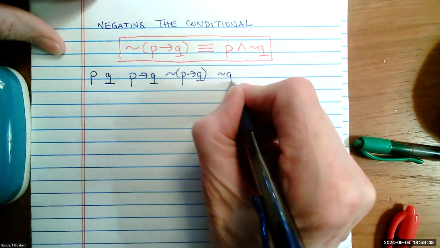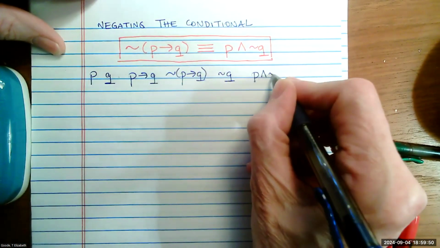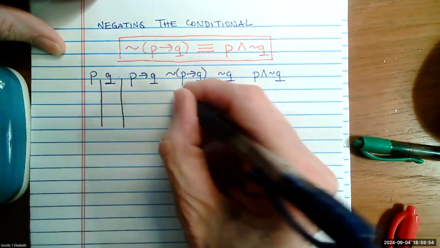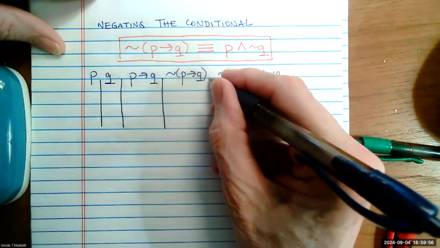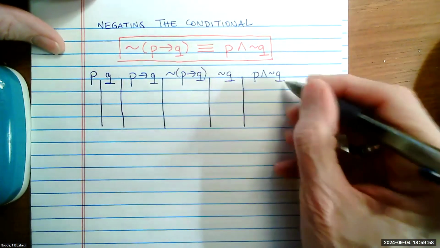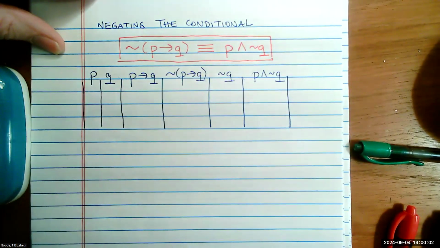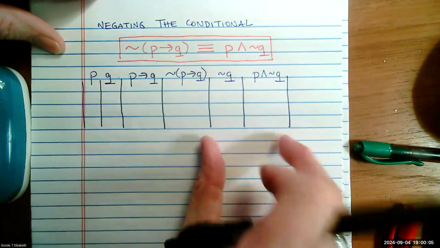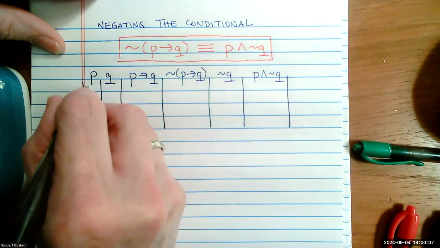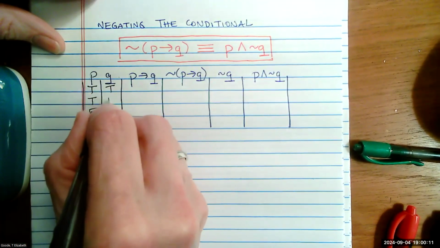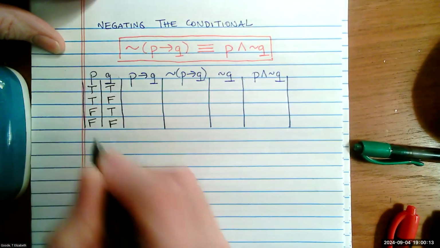We'll look at not Q, and then we'll and P with not Q. And let's compare the columns for the negation of P implies Q with the column for P and not Q. And let's verify to ourselves, yeah, they better look the same. And they're going to. So under P, it's true, true, false, false. Under Q, of course, it's true, false, true, false.